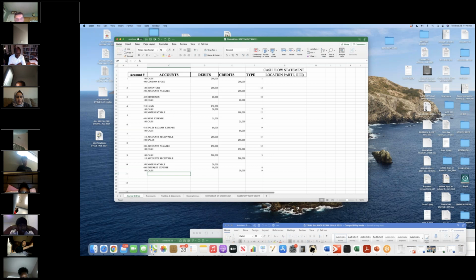Okay, so for number 4, I thought you said that we credit cash when you obviously have it for debit. I guess you're right. I just pulled this up.